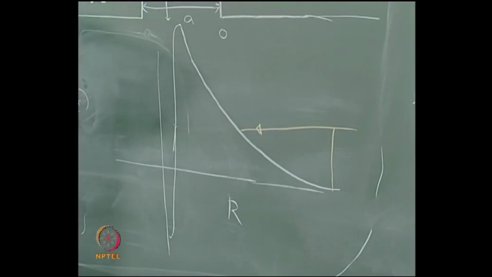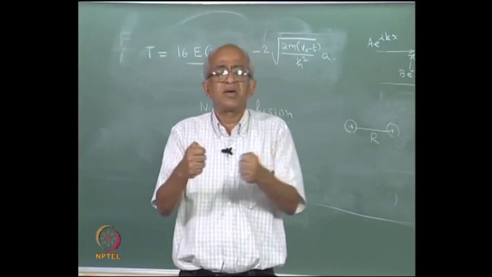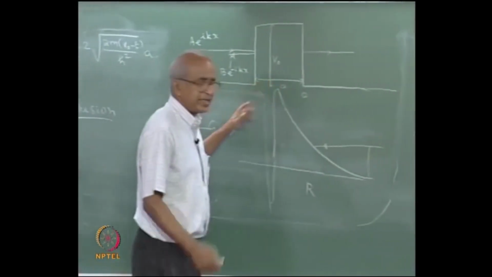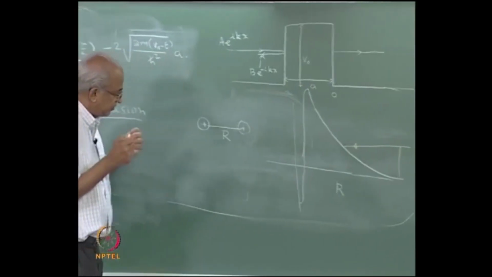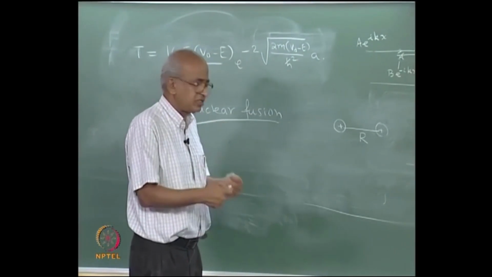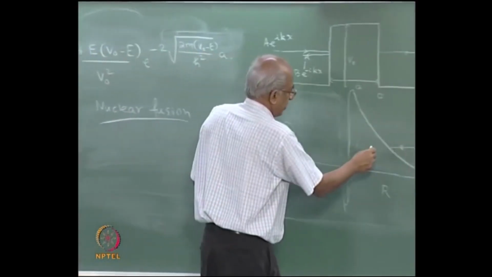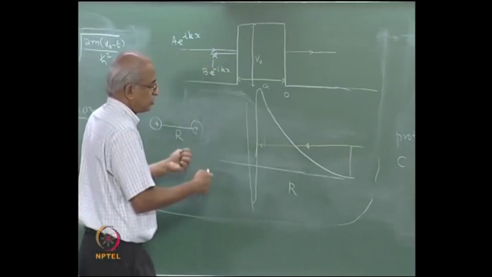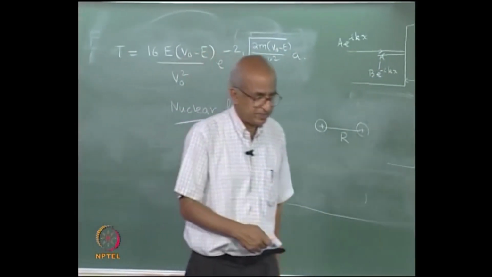In the sun, the average kinetic energy with which the two nuclei come together is not enough for the system to go over the barrier and fuse together, and therefore, when a nuclear fusion reaction takes place in the sun, it is always through tunneling. So, the system tunnels through here and then the two fuse together.